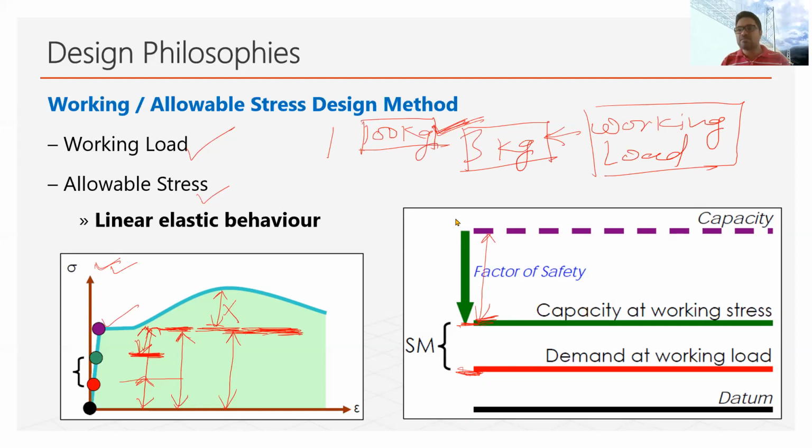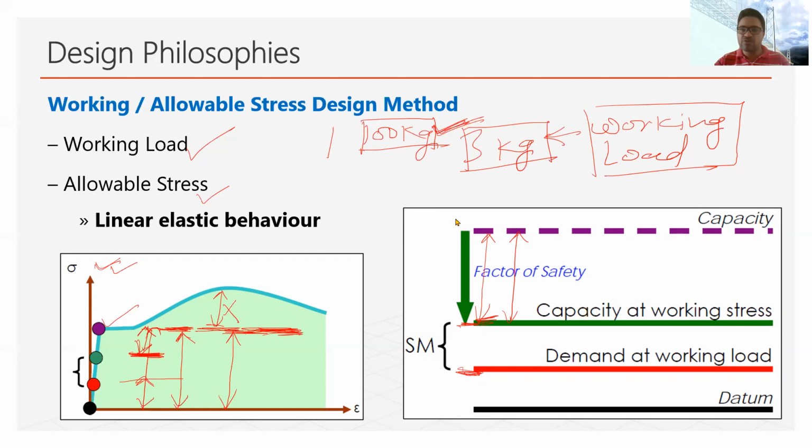This gap can be calculated using the factor of safety. So this gap is dependent on the degree of safety that is required for any particular structure which is built using the steel.